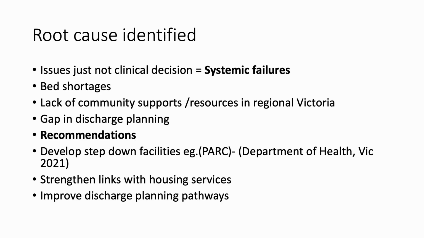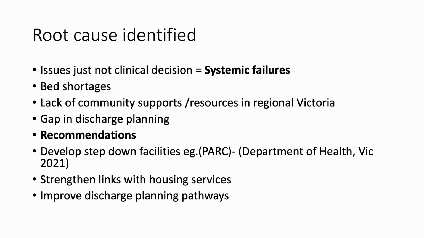So, recommendations resulted from this root cause analysis, which included developing step down facilities such as the PAC, which is the Prevention and Recovery Center, recommended by the Department of Health. There was also a recommendation for strengthening links with the housing department to ensure that these patients discharged from mental health units have adequate housing supports.